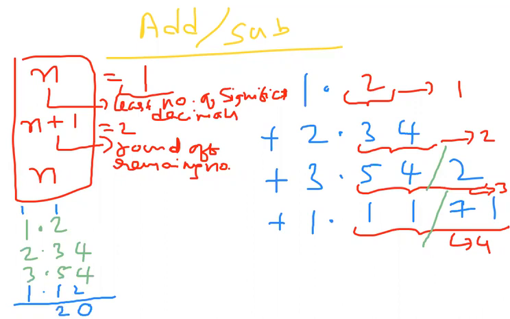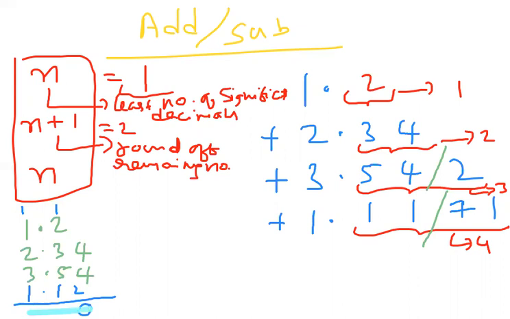Now here you add these things. 3, 2, 5, 5, 6. So what happened? 5, 6, 7, 8. So I can write this as 8.20.